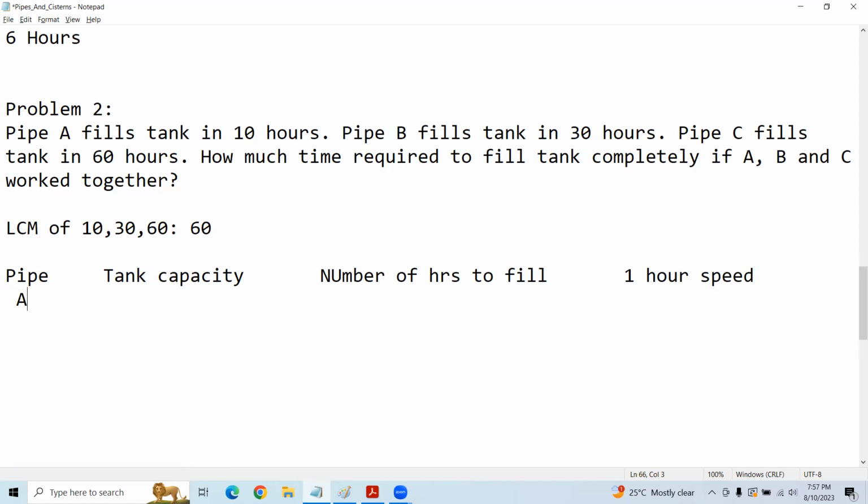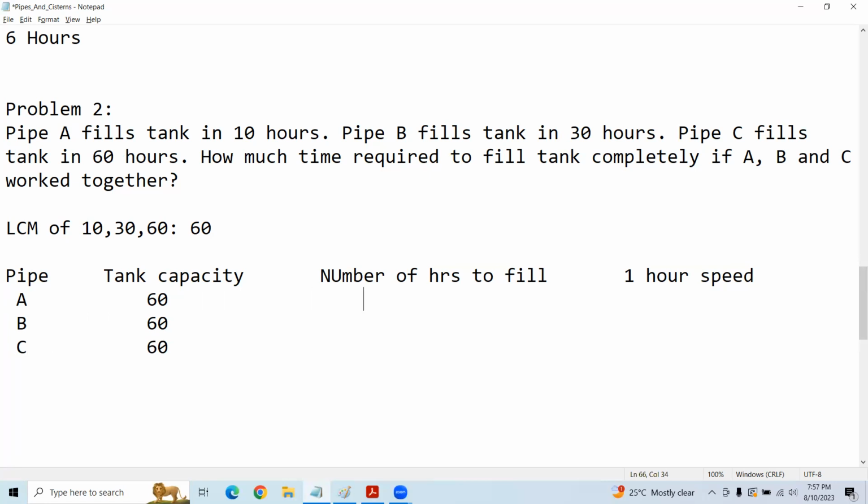Let's write down for A, B, and C. We know that tank capacity remains constant, whether it's A, B, C, or any number of pipes. So 60 liters, here also 60 liters.